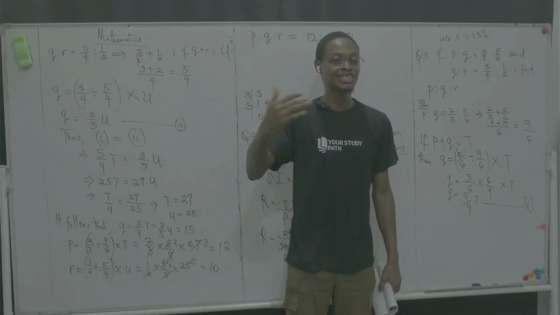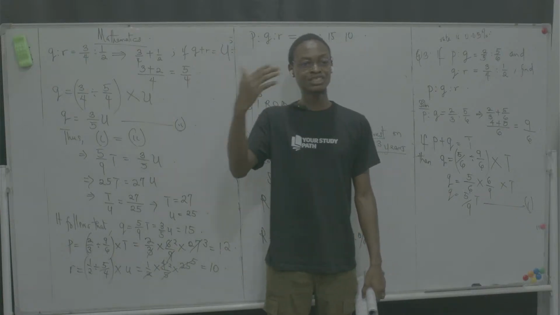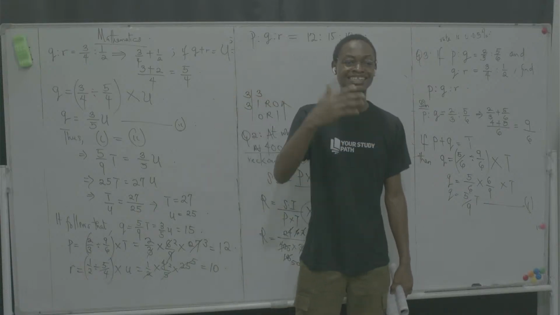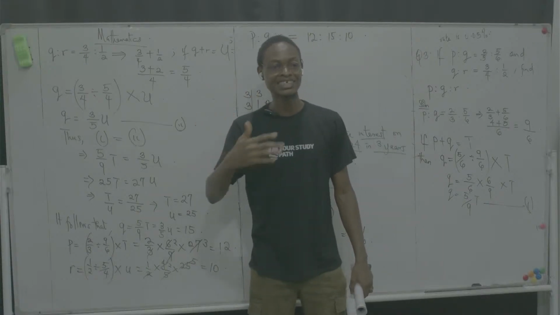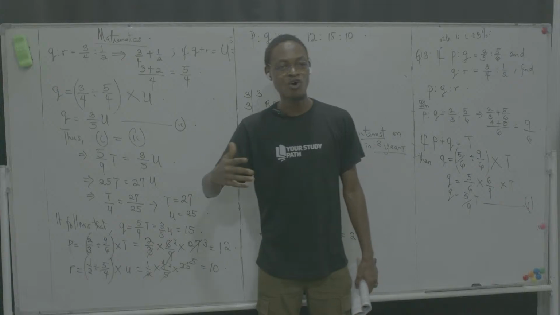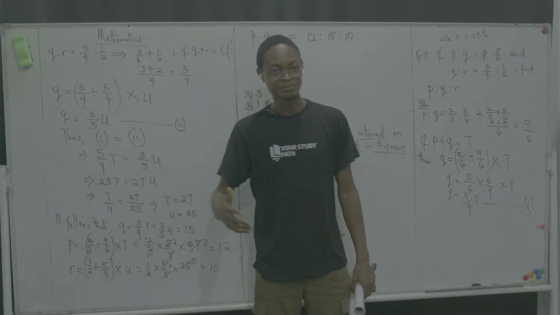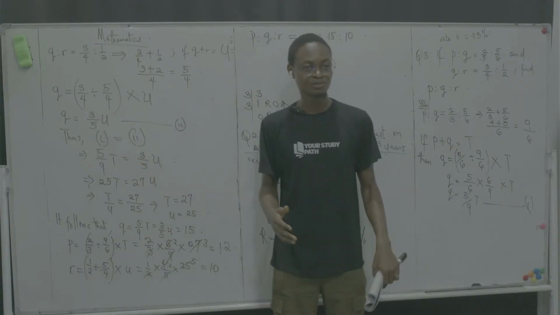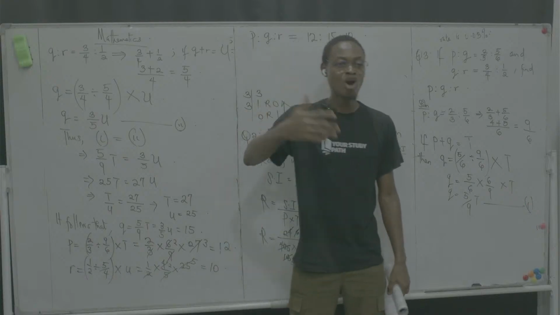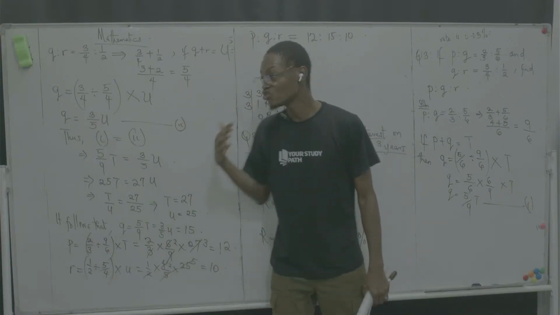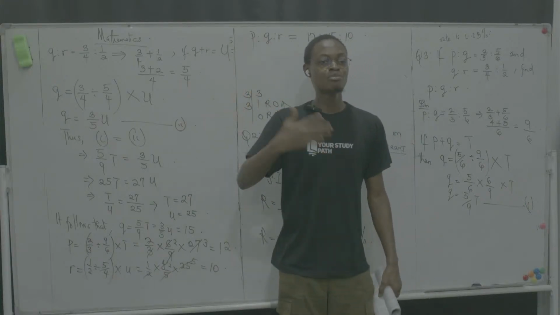Marking guides for JAMB, WAEC, NECO usually mark in halves, 1/4, and 1 marks. They don't mark in lump sums, which means that the more lines you write, the more you spread your solutions, the more marks you get.